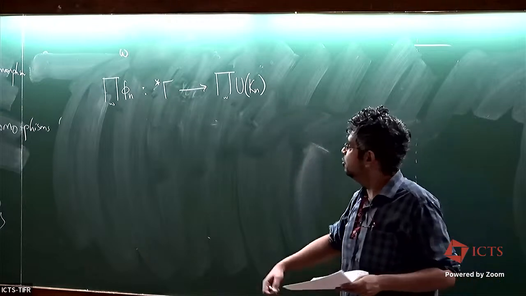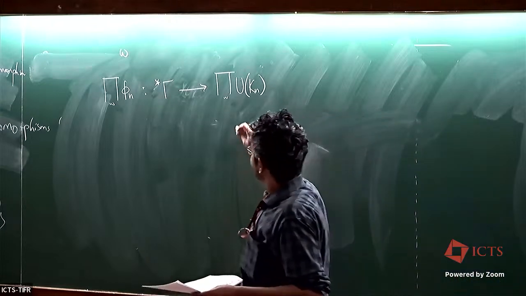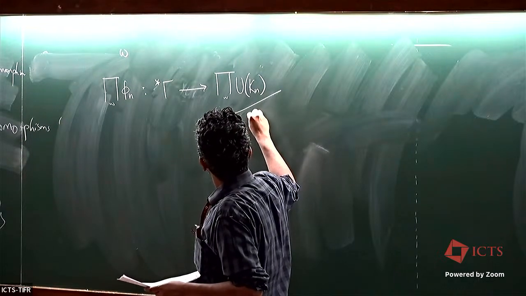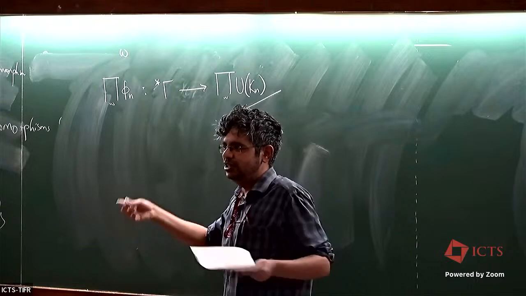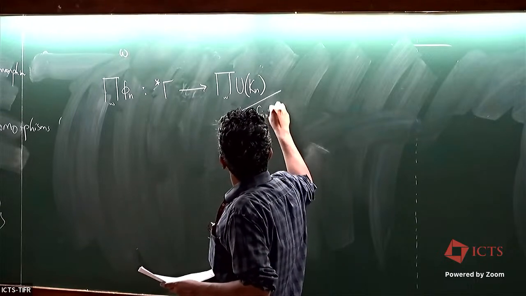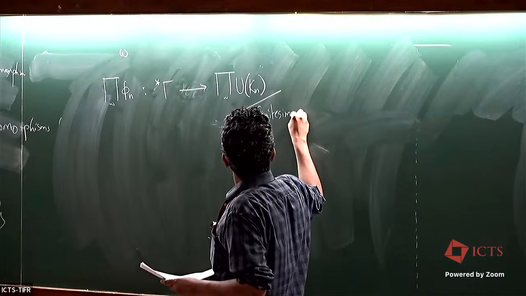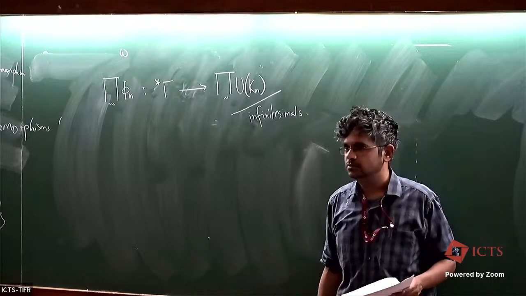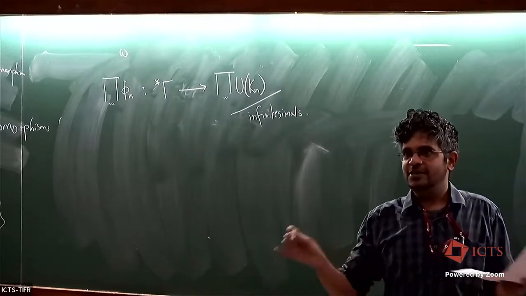So why I do this is, now if you are going to quotient out all sequences that go to 0, which we call infinitesimals, this is actually a true homomorphism. This is just a presentation thing.